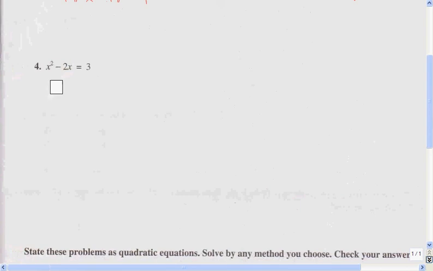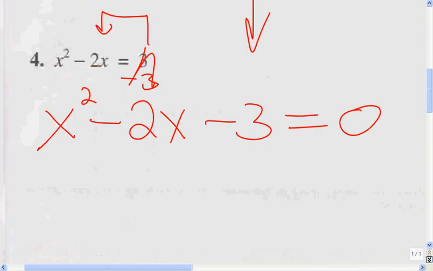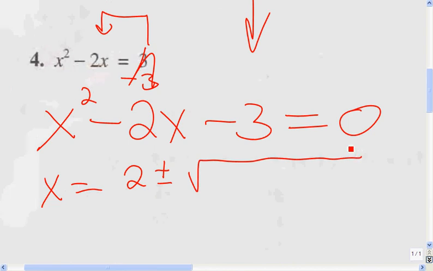The next one is pretty easy because all I've got to do is transpose the 3 over here. I'm still using the quadratic formula. I subtracted 3 from both sides, so that's how I got this negative 3 here. I should already know my quadratic formula from memory. I know that x equals negative b, and b is negative 2, so a negative times a negative is a positive 2, plus or minus the square root of b squared.